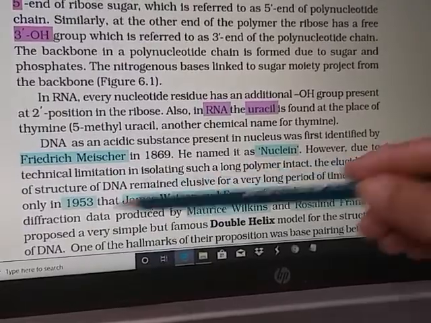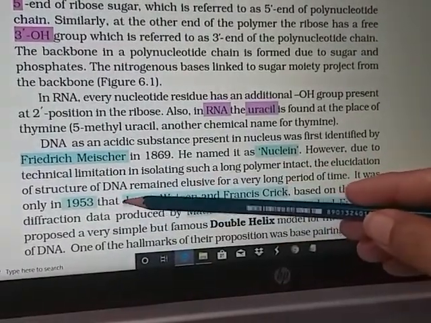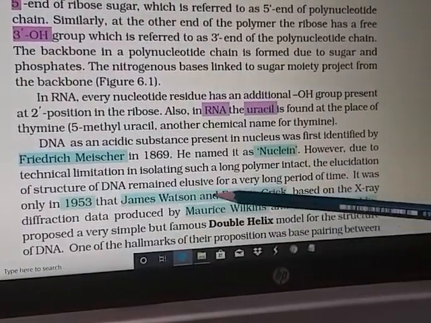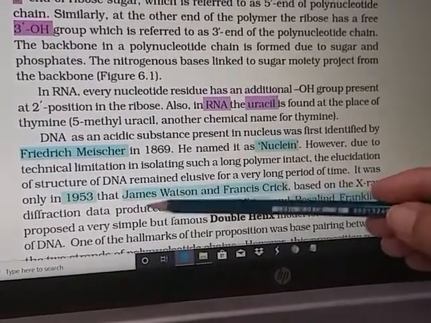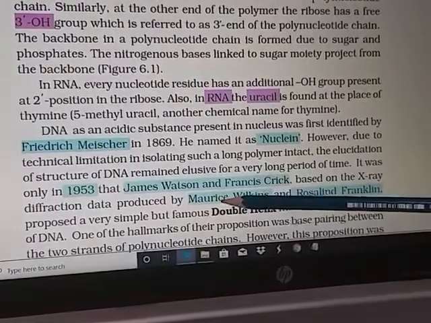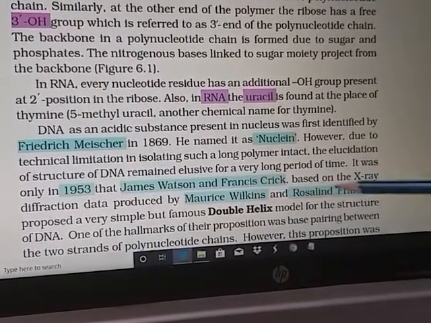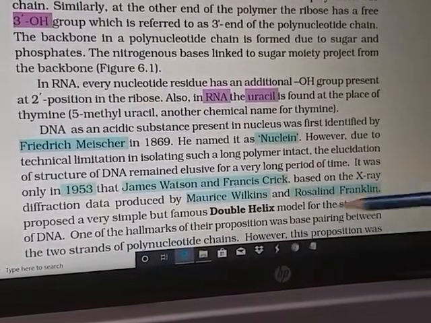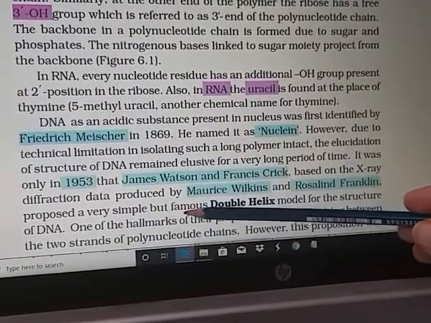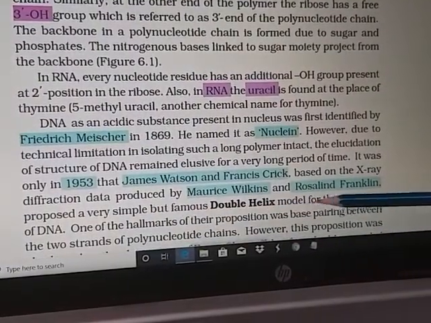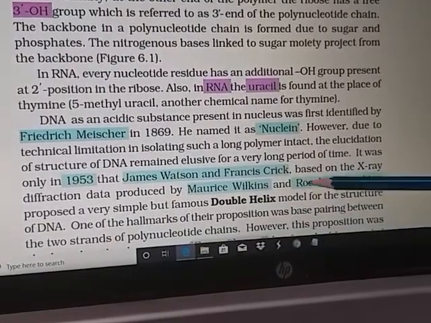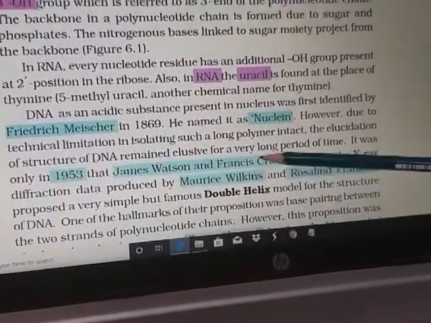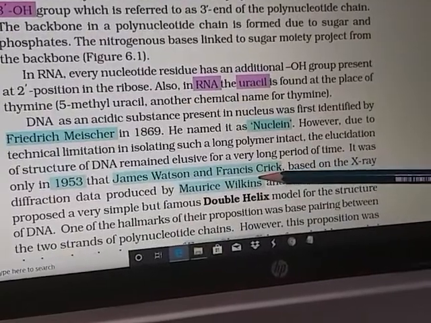It was only in 1953 that James Watson and Francis Crick, based on the X-ray diffraction data produced by Maurice Wilkins and Rosalind Franklin, proposed a very simple but famous double helix model for the structure of DNA. It means Watson and Crick proposed the double helix.